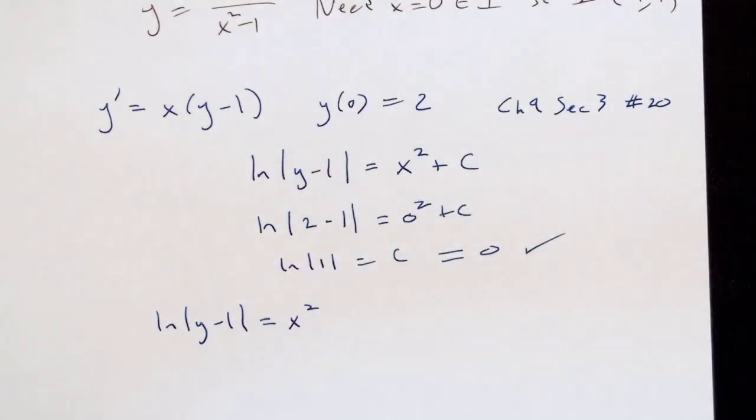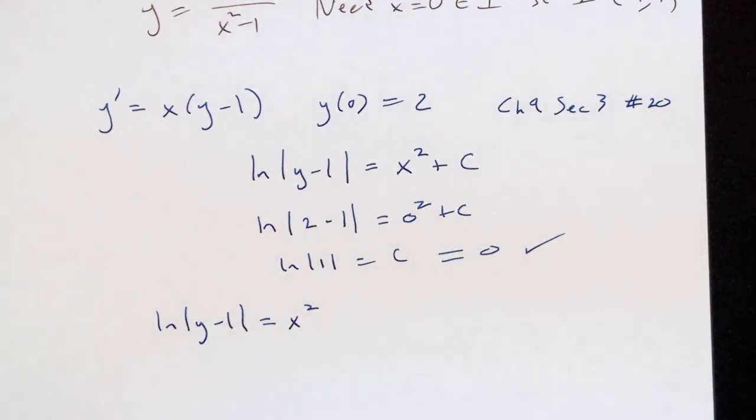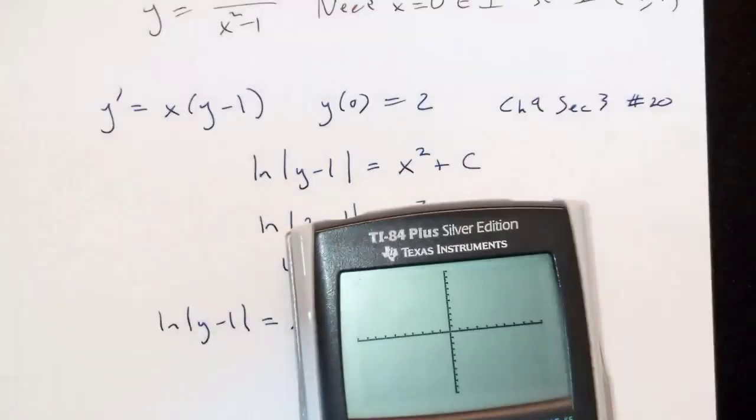But my bigger problem is where you're going to graph this. You're going to go graph this somewhere, right? What do you hit to go graph? Graph. Now what? I've got to put the equation in. Where do I put the equation?